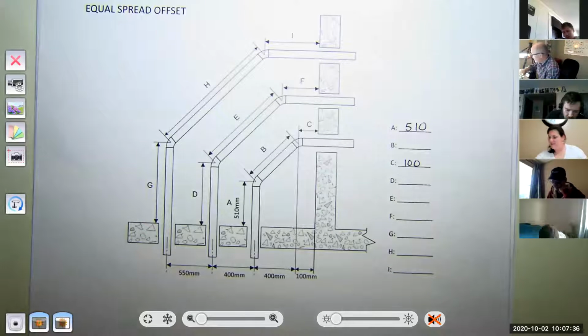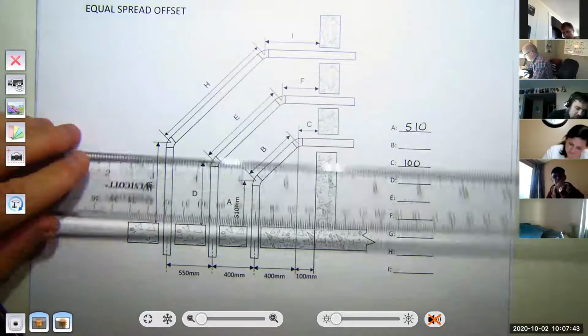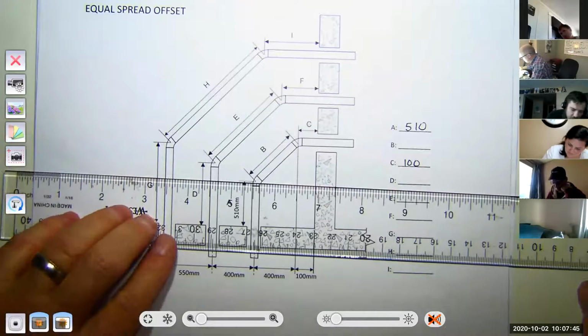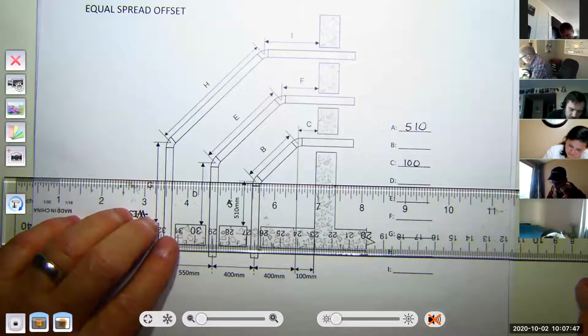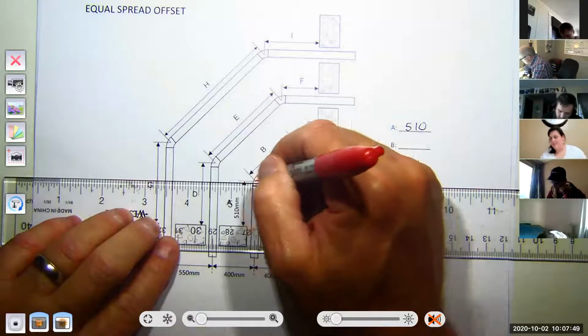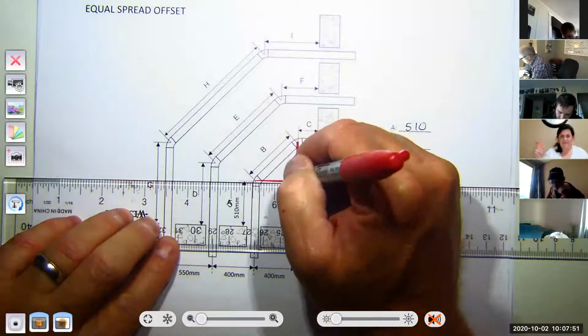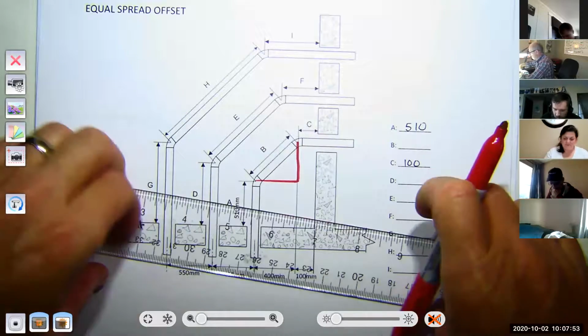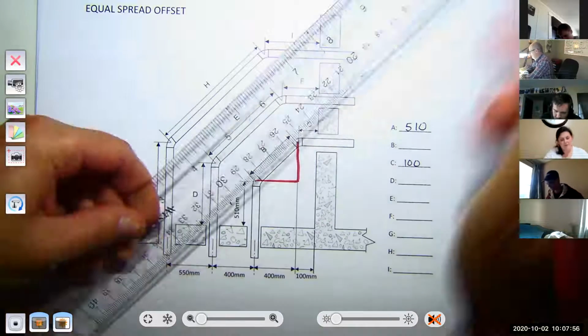To solve for B, I'm going to draw a right angle triangle with my ruler.